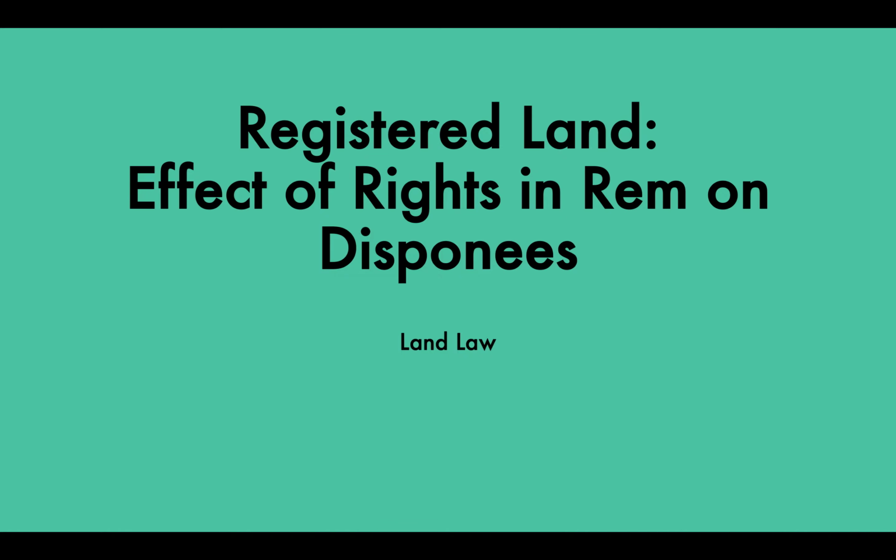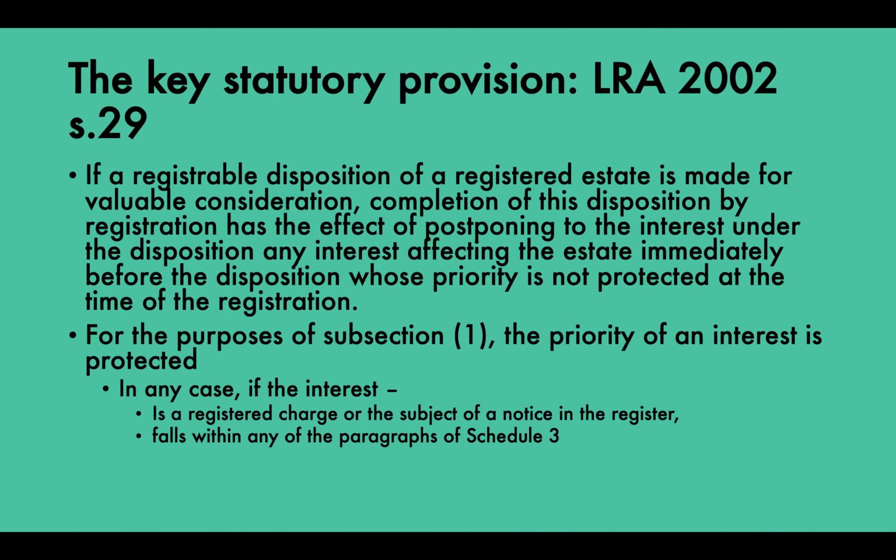The question is whether the bank is bound by the pre-existing right in rem, and that's what I'm going to cover in the next video after this one. So we basically want to know whether the person who takes a smaller right in the land is bound by a pre-existing right in rem, as this may affect what they can do on the land.